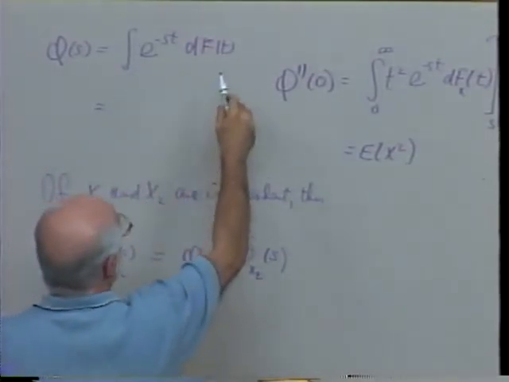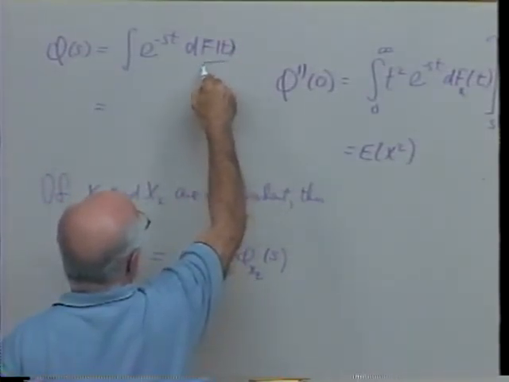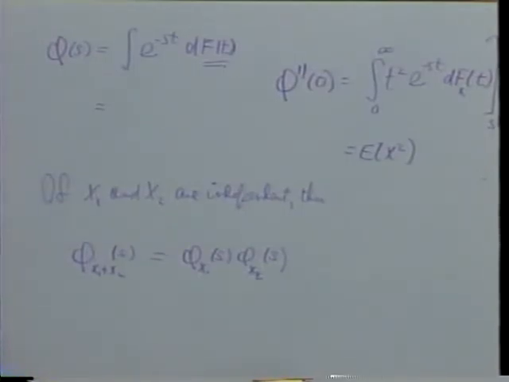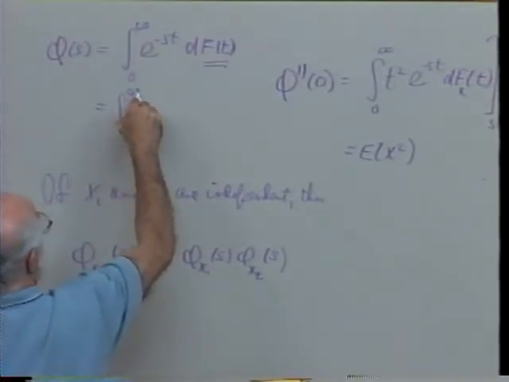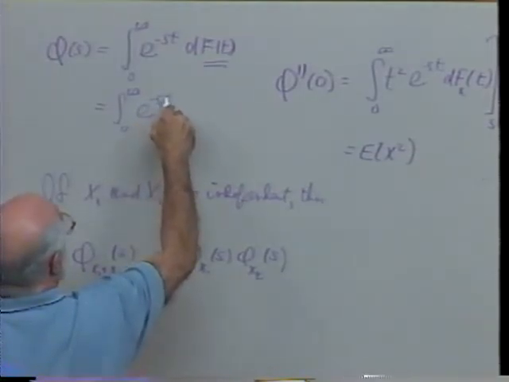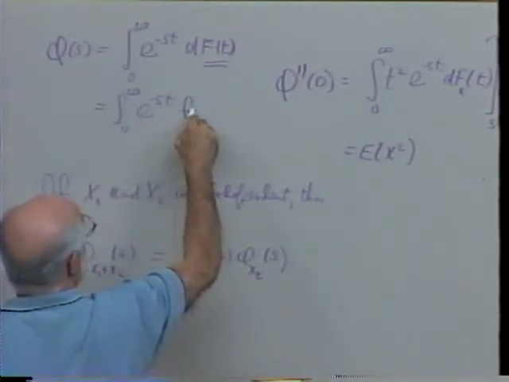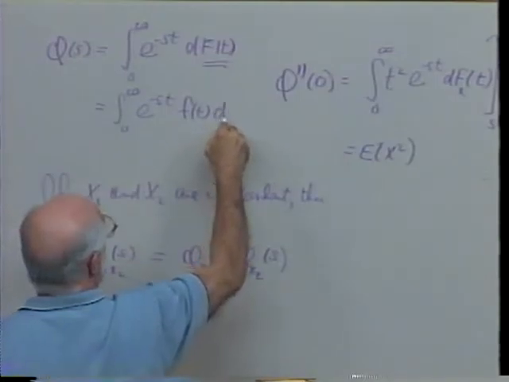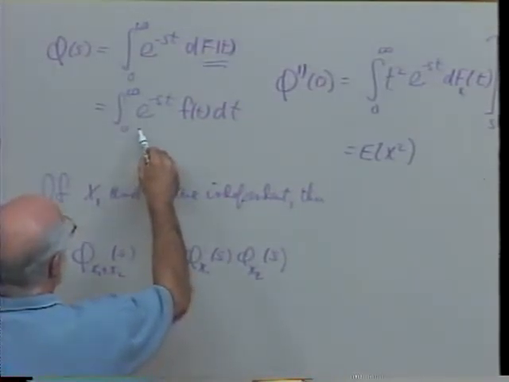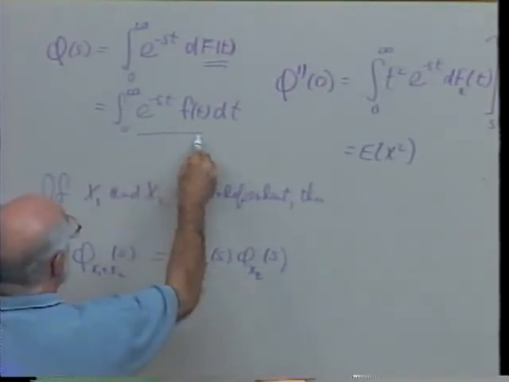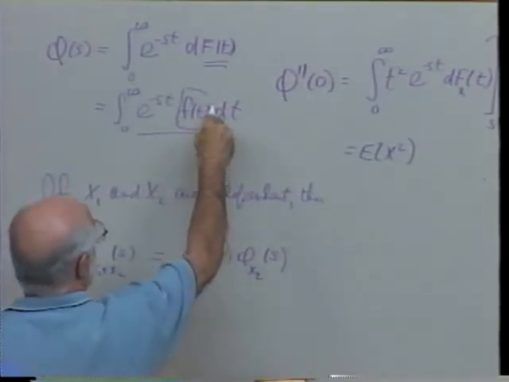Now, suppose that f happens to be differentiable. Then this would be the integral of e to the minus st, let's call the derivative little f, as we often do, dt. Now, those of you who are double E's or physicists will probably recognize this as the definition of the Laplace transform of f.